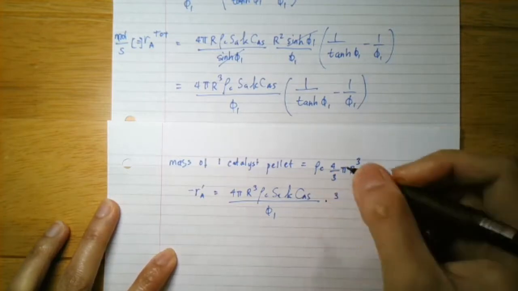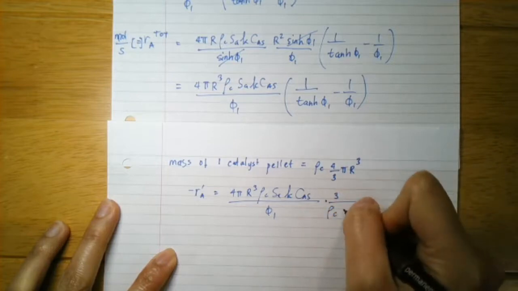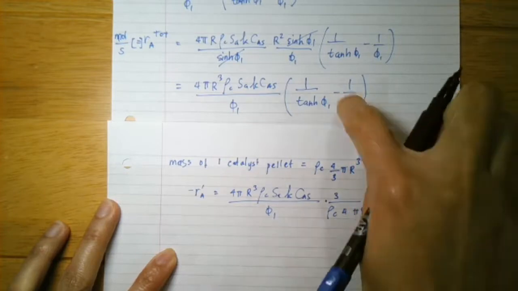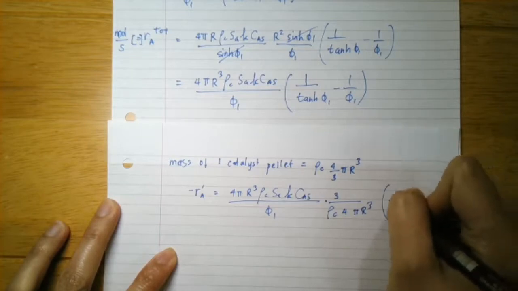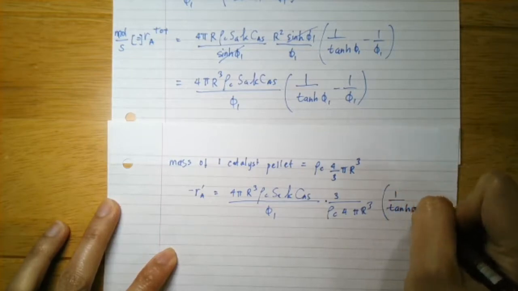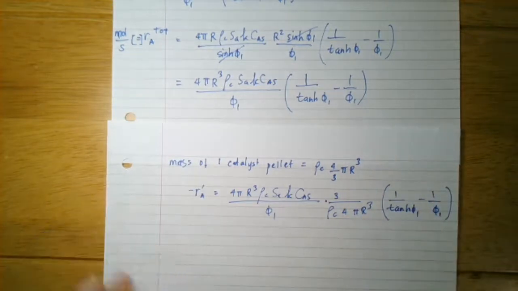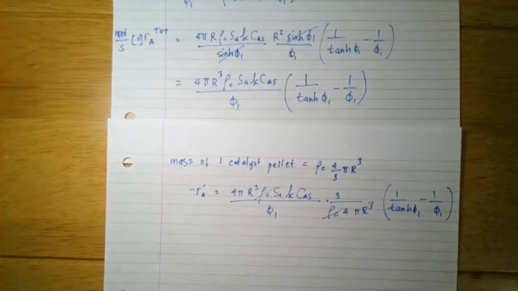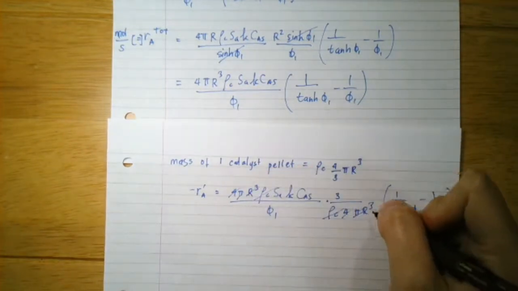So 3, I'll have rho C here, and then 4 pi r cubed, and then we have our terms inside the bracket. Density will cancel out. So 4 will disappear, and so will pi and the r cubed.